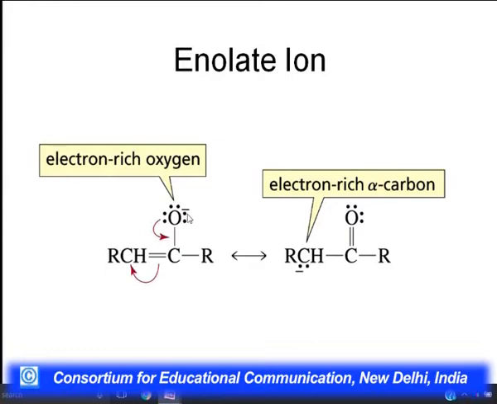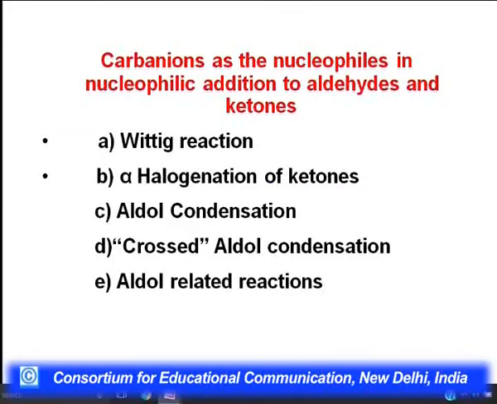So we shall be discussing reactions involving the enolate ion, that is the alpha halogenation reactions of aldehydes and ketones, and then aldol condensation and crossed aldol condensation. But in the first half, I shall first start with the Wittig reaction.